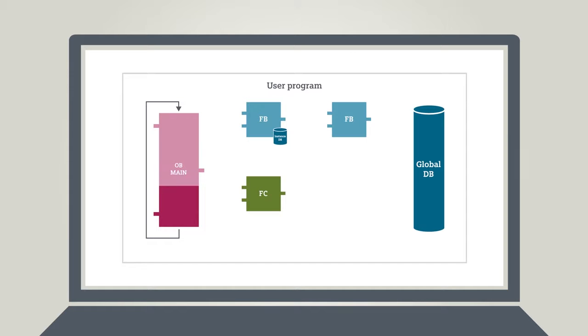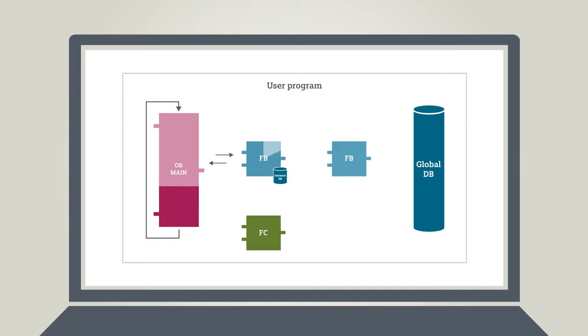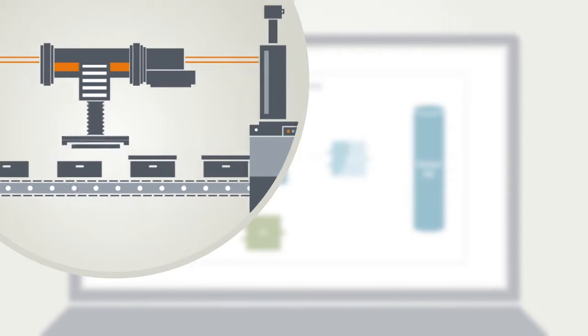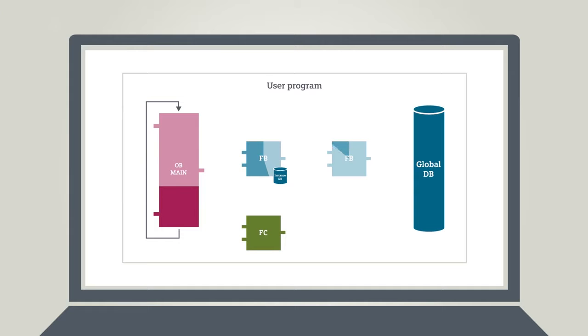One by one, all other components required for the system run will be called up in sequence. Identical system components, such as an identical conveyor belt, can now be processed by simply calling up the same block but with different parameters and individual instance DBs.